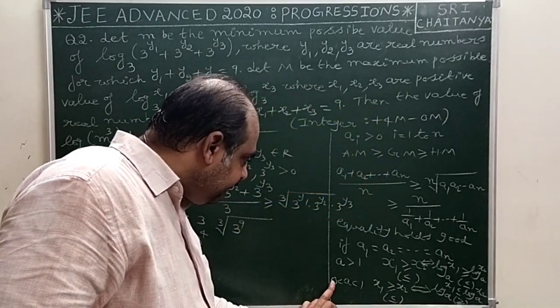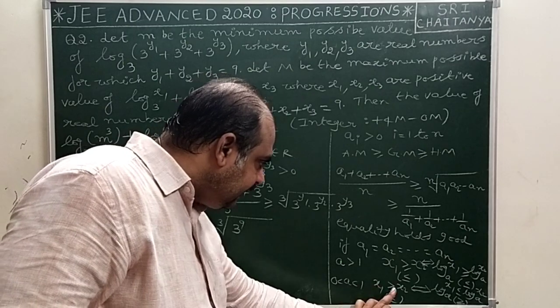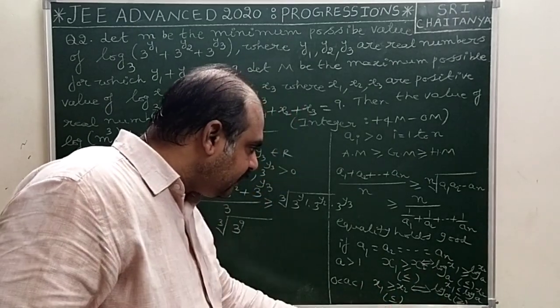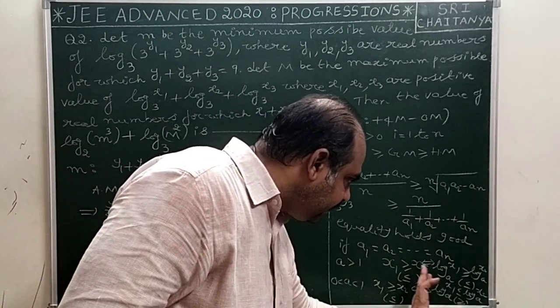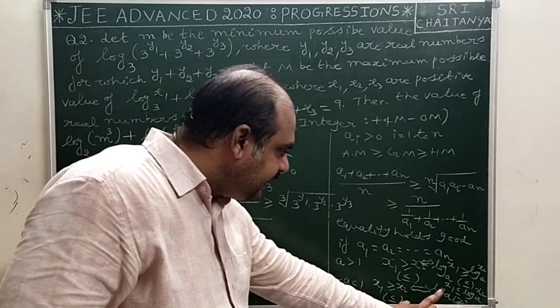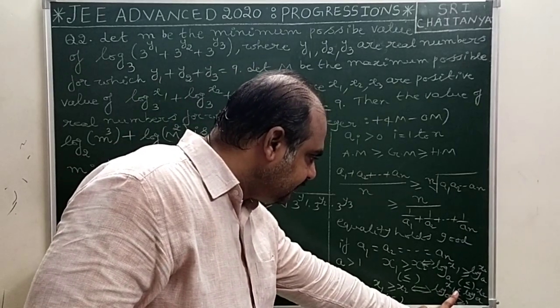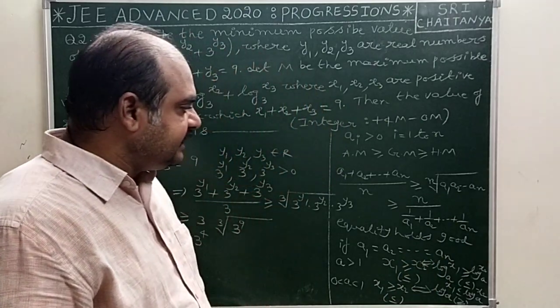If the base lies between 0 and 1 and you are applying logarithm on both sides, if greater than or equal to is there, the inequality will be interchanged. If less than or equal to is there, the inequality will be interchanged.